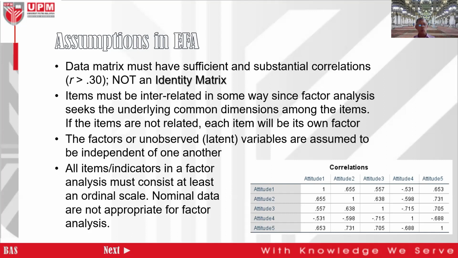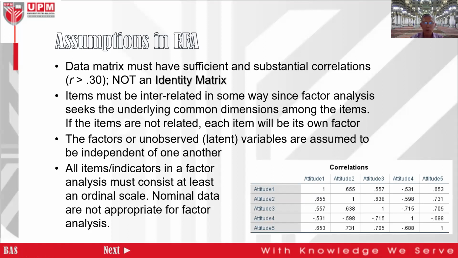But of course, we don't want to have an identity matrix. So in an identity matrix, all these cells here, instead of 0.655, 0.557, 0.705, all these values, the correlation will be 0, 0, 0, 0, 0, 0.